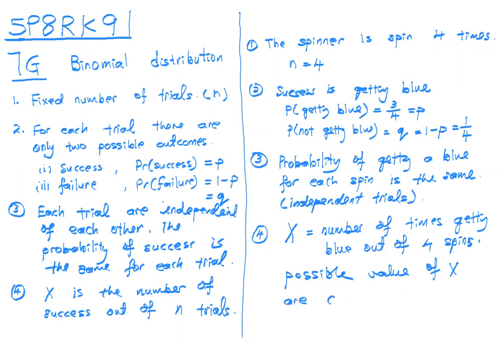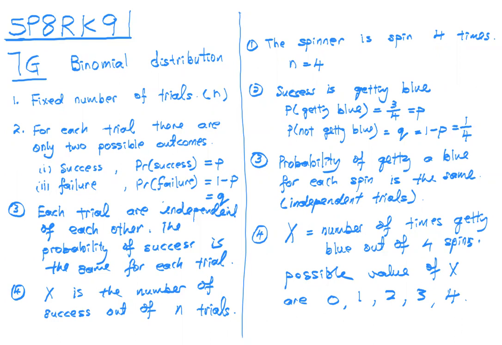Correct? 0, 1, 2, 3, 4. Someone is frowning.